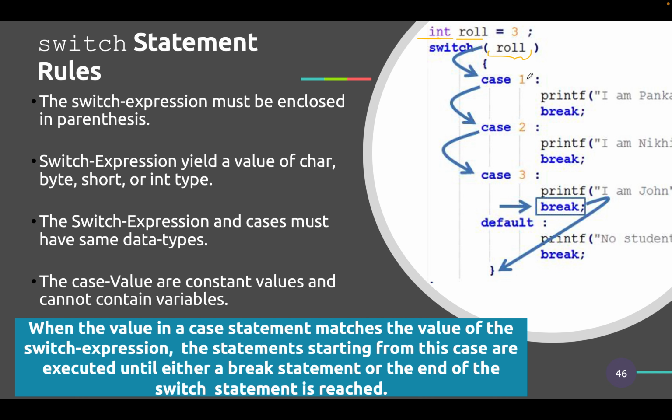They have to all be of the same type. So here, for example, roll is 3. So in the switch statement, the roll is 3, then we'll move to case 3, and it will execute whatever is in case 3. So we have here a break statement.